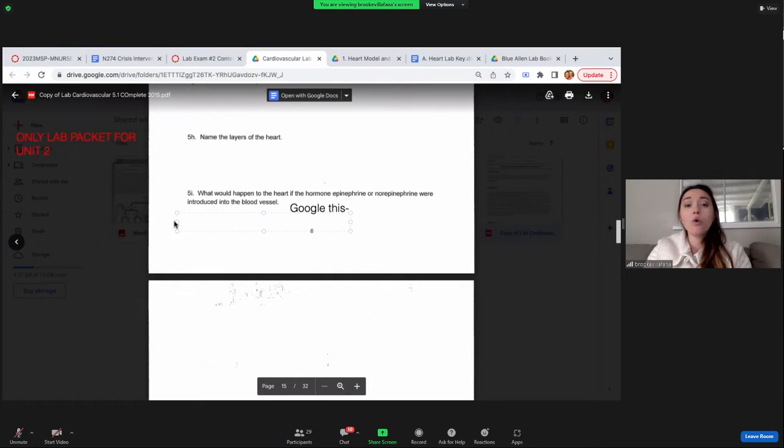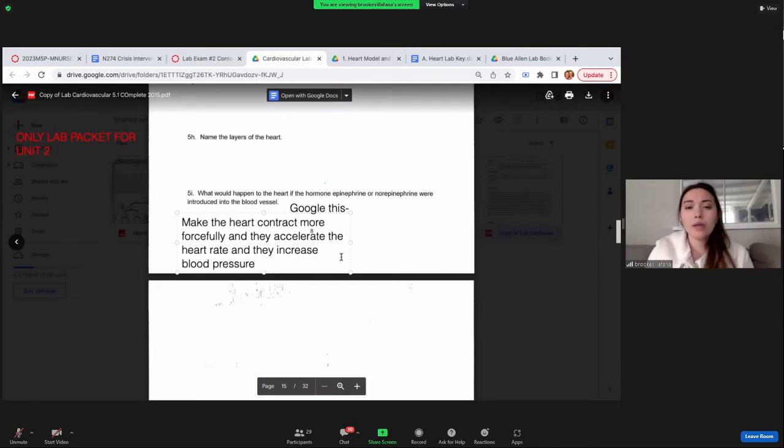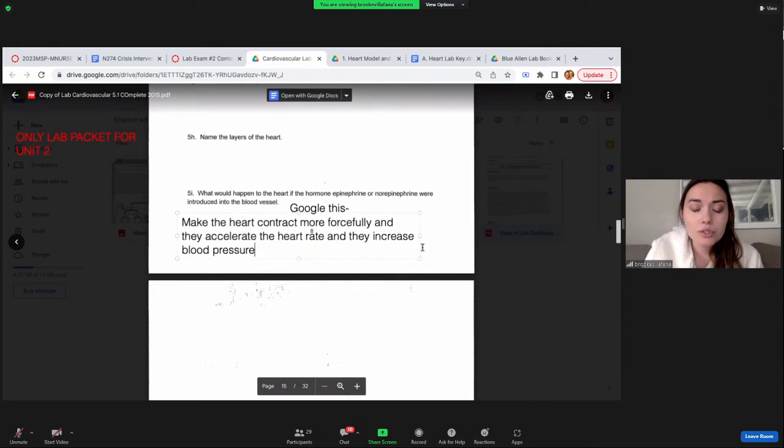These hormones make the heart contract more forcefully, and they accelerate the heart rate and they increase blood pressure. Okay. So they make the heart contract more forcefully, they accelerate the heart rate, and they increase blood pressure.